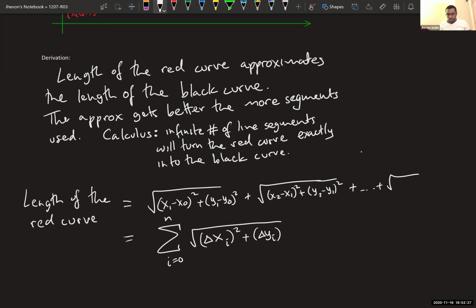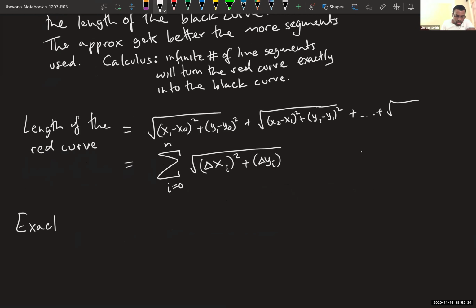And so now the exact length, and I'm not being super detailed here because I am not going to ask you to prove this. I just want you to have some idea of where the formula comes from. We're pretty much going to take the limit as n approaches infinity of this.